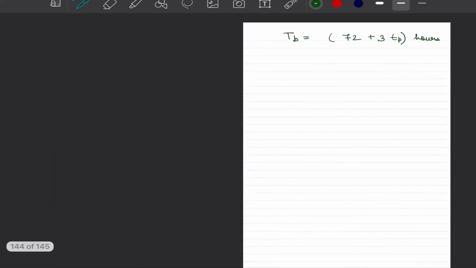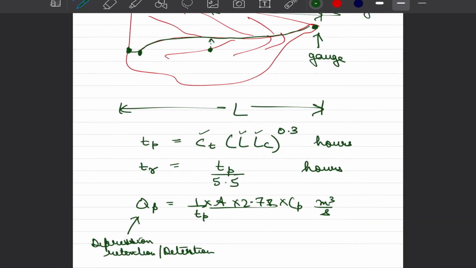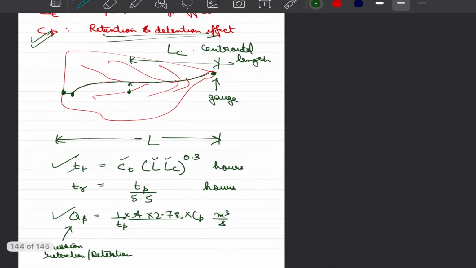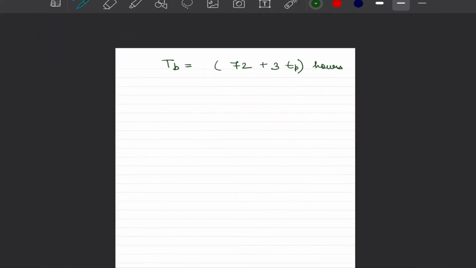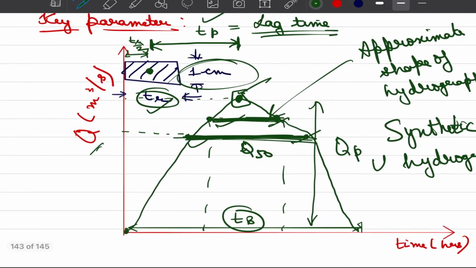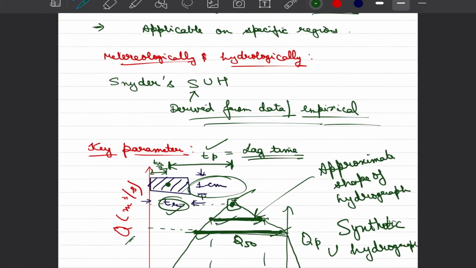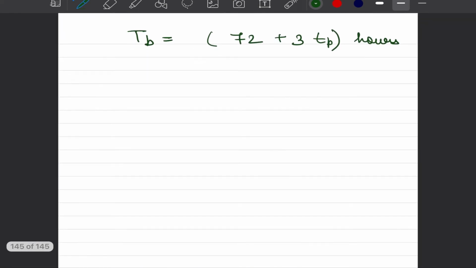Again, this is empirical, but it tells us that if you know TP, you can calculate QP, and you can also calculate the base width of the hydrograph, which is somewhere here, TB, in terms of TP, and the width of the base is directly related to the lag time that we are observing in a particular watershed.